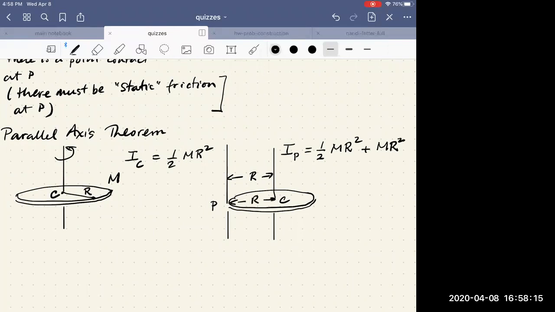Now, if this distance is not r, but something else, let's say d, then it would be m times d squared, okay?